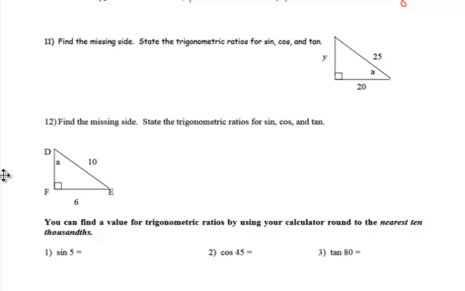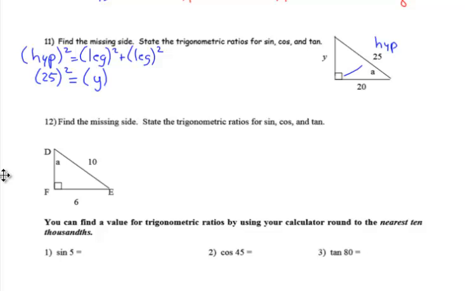And so when you know two sides, we need to think the Pythagorean theorem, which is the hypotenuse squared equals the sum of the squares of the legs. Okay, so what's our hypotenuse? Here's our hypotenuse. It's 25. So 25 squared equals y squared plus 20 squared.